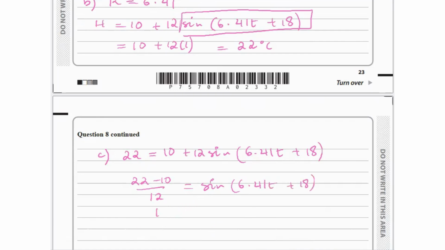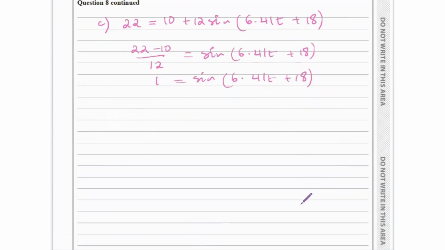That's 1 equals sine of 6.41t plus 18, or you could even directly put sine of 6.41t plus 18 equal to 1, since I was talking about the maximum value.